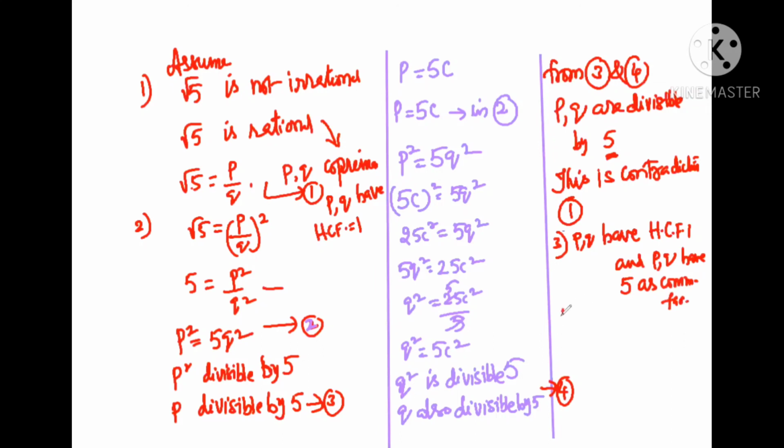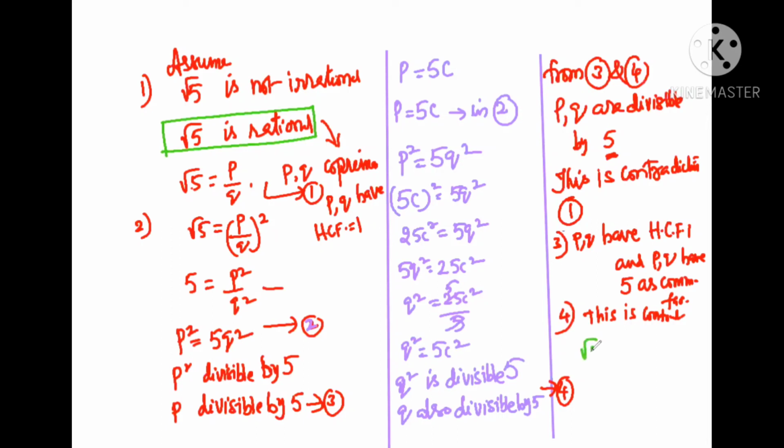So this is a contradiction. Why does this contradiction occur? Because of our wrong assumption. This is the wrong assumption.